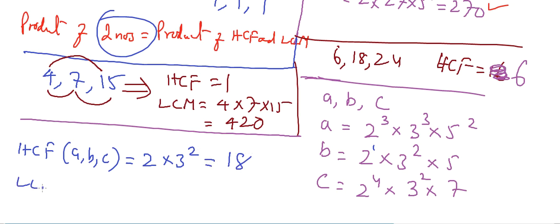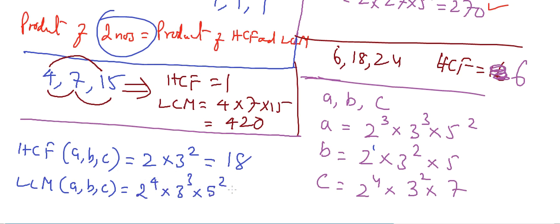Now LCM of these three numbers. As I said, you need to take all the factors with the highest power. For 2, the highest power is 4, so 2 power 4. For 3, the highest is 3, so 3 power 3. For 5, the highest power is 2, so 5 power 2.